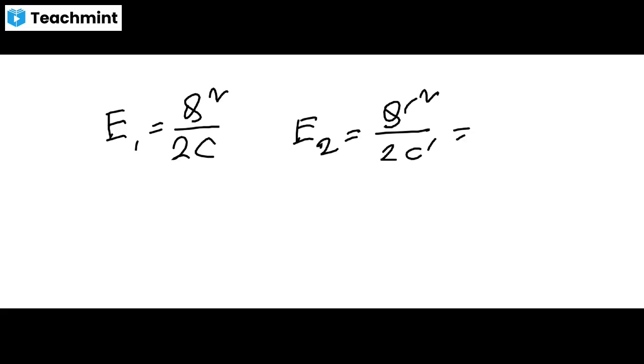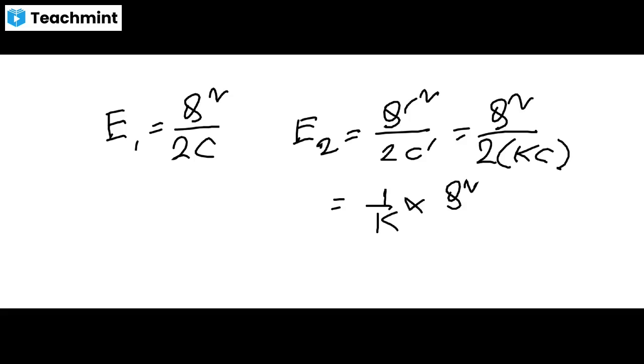We have calculated that Q is equal to Q prime, so it is Q square, and in place of C prime, you can write KC. So it is 1 by K times Q square by 2C, which is nothing but 1 by K times E1. So energy has decreased to 1 by K times its initial value.